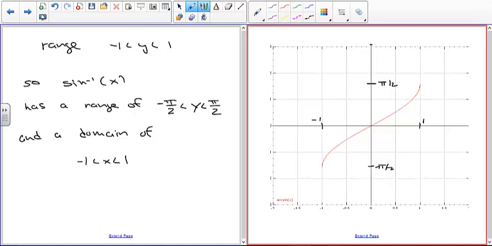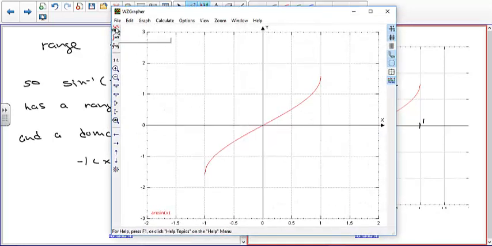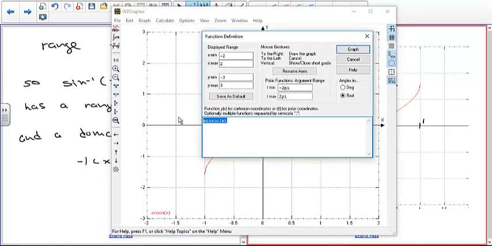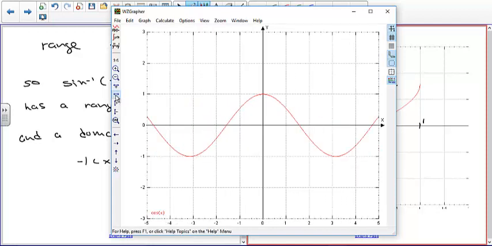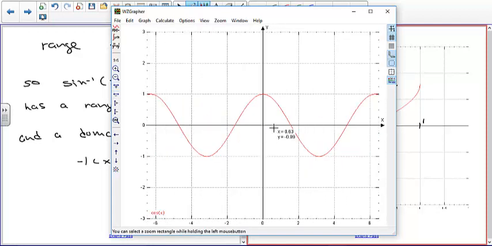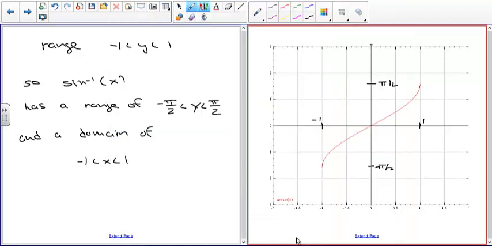Let's plot the cosine function first. So if we plot cosine of x, it looks something like that. Need to zoom out a little bit. Again, the cosine is not a one-to-one function, so we have to limit the domain of the cosine function so that it is one-to-one in that domain.